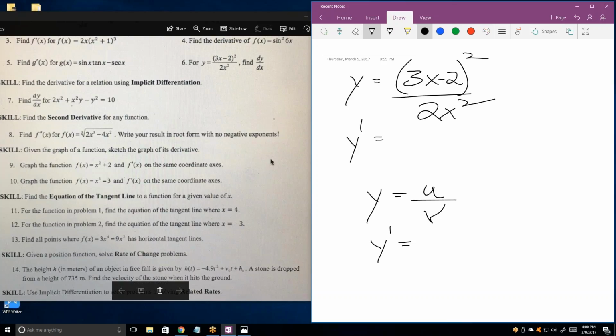This is the hardest one to memorize. How's it go? The bottom times the derivative of the top times the derivative of the bottom times the top over the bottom squared.